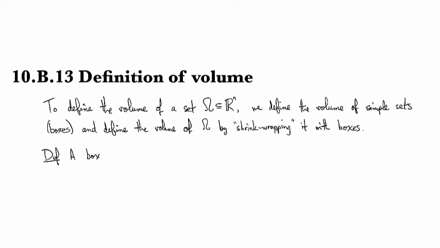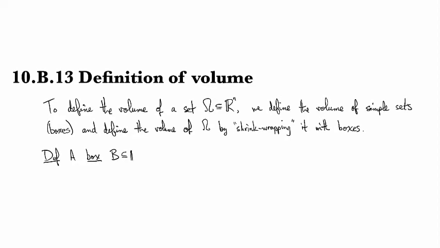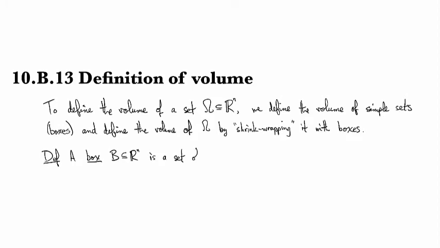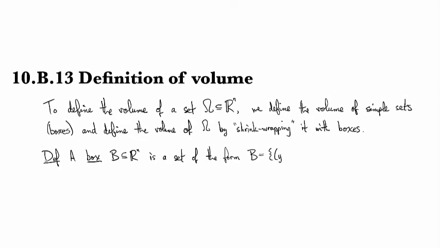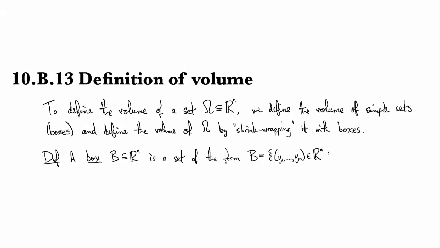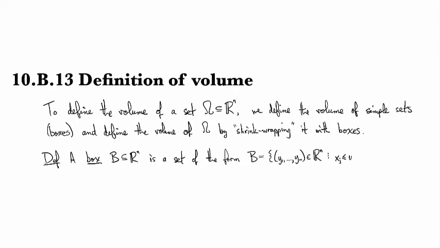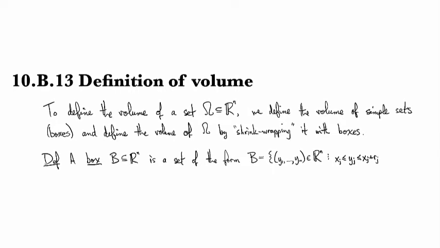A box B in Rn is a set of the form, all n-tuples of numbers where yj is between xj and xj plus rj.